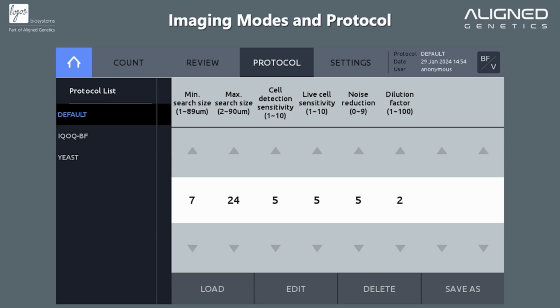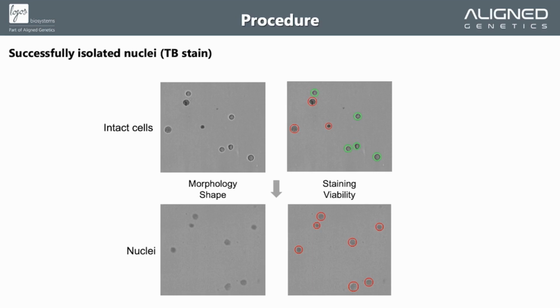Usually, the default protocol works well with nuclei samples. And let's say you have successfully isolated nuclei, stained with trypan blue, and imaged using bright field mode.